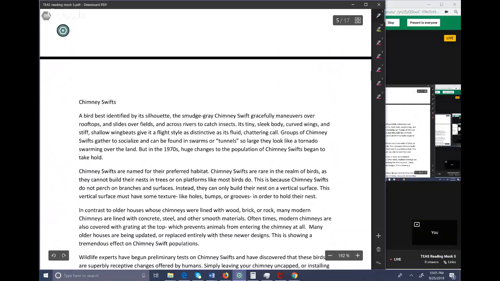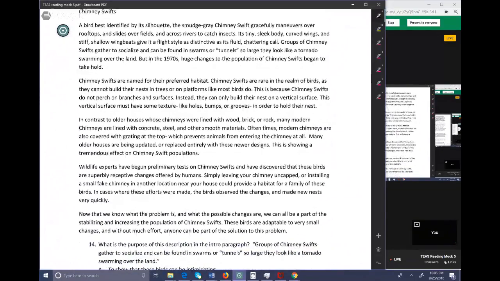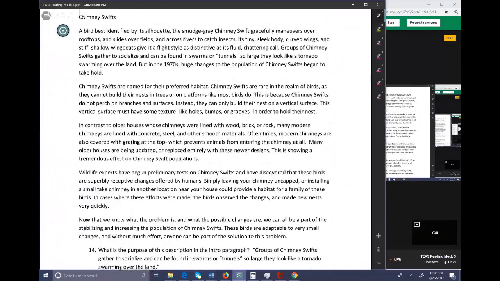The next one is the Chimney Swifts article. I have to be honest, I've gotten this article several times. I knew what the general structure of this article was. I wrote this completely myself. And for whatever reason, I can remember the general structure, but I can't remember the way that they get this to flow.